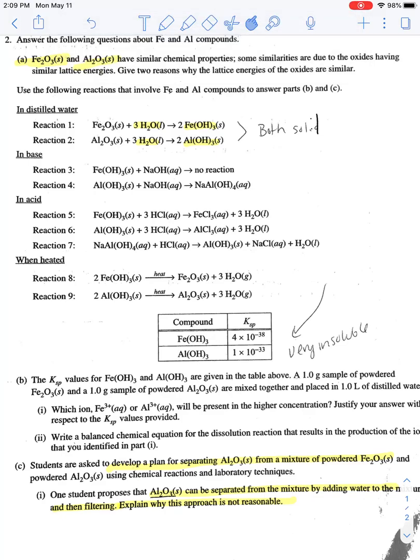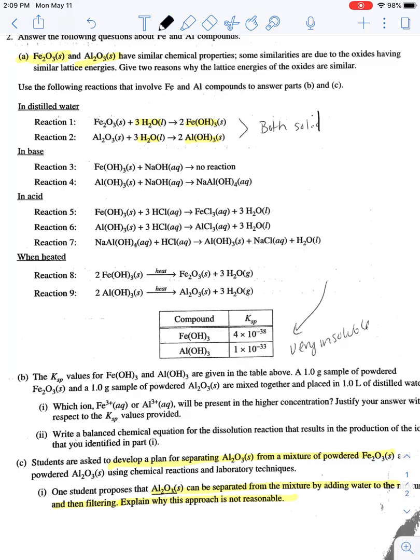The other part of the question relates to lattice energy, so I want to review one thing. You don't have to be able to crunch numbers with this equation. Lattice energy is the energy of the lattice of a crystalline solid, like NaCl or MgCl2. Lattice energy is a constant times Q1, the charge of the cation, the positive ion, and Q2, the charge of the negative ion.